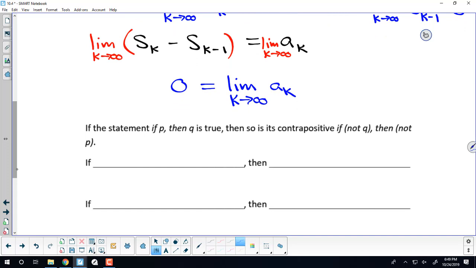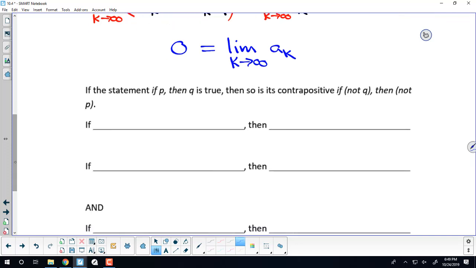So if we have a statement, if the series converges, then the limit is equal to 0, like if P, then Q, the contrapositive is if not Q, then not P. So you flip the argument and negate both statements. It's a really common thing with a theorem in math, especially an if-then statement, and that will still be true.